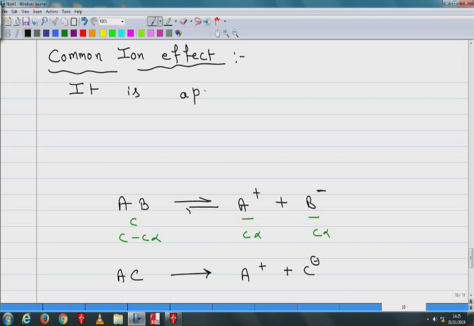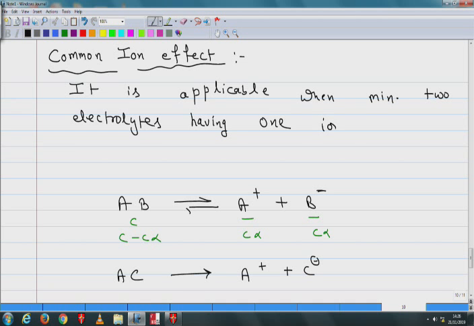It is applicable when minimum 2 electrolytes having 1 ion common present in the solution.